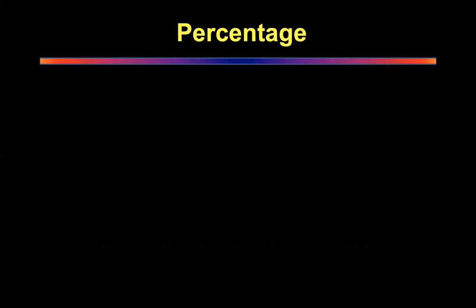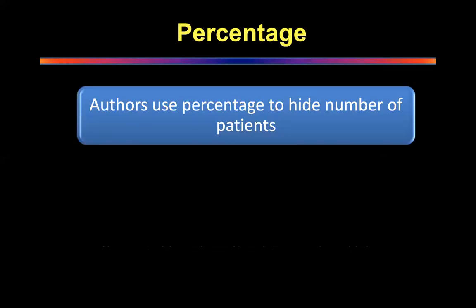Another thing to remember is that authors sometimes use percentage to hide the number of patients. Whenever you're reading a paper, it is absolutely mandatory to know what N is. N is the total number of patients in that study.